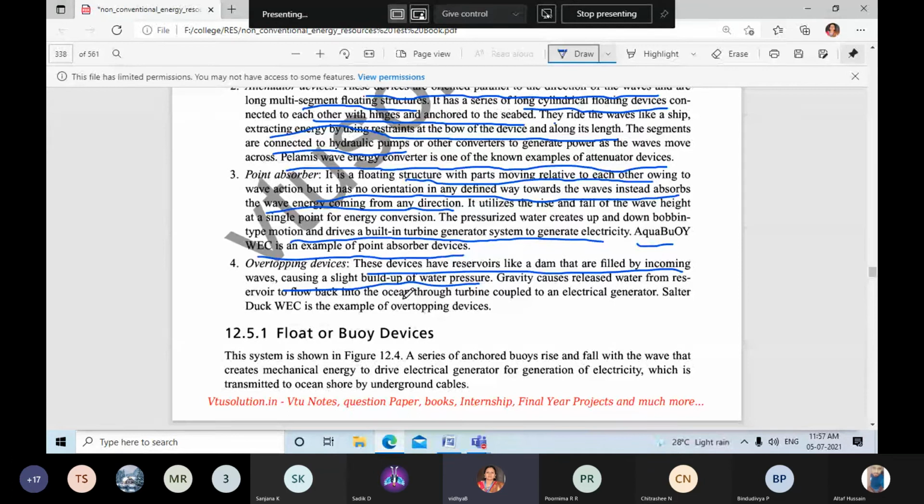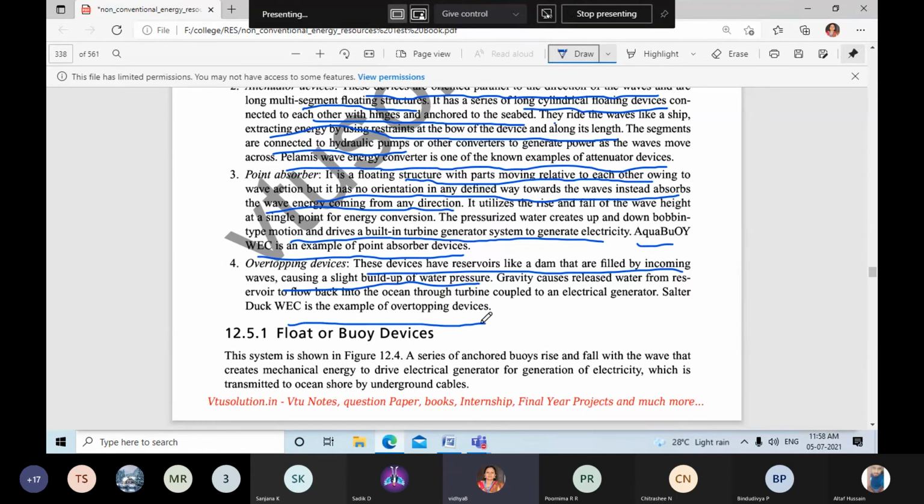What they are saying is these overtopping devices will have reservoirs like a dam that are filled by incoming waves. Next, gravity will cause the released water to flow back into the ocean, maybe through a turbine coupled to an electrical generator. For this, the example is Salter duck WEC.